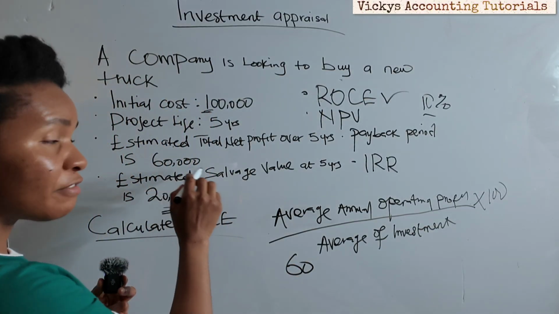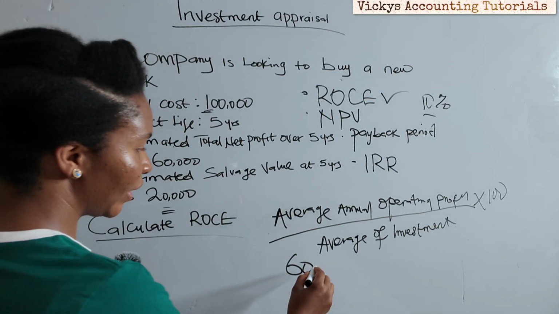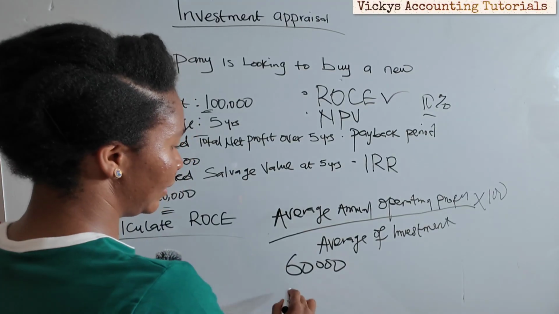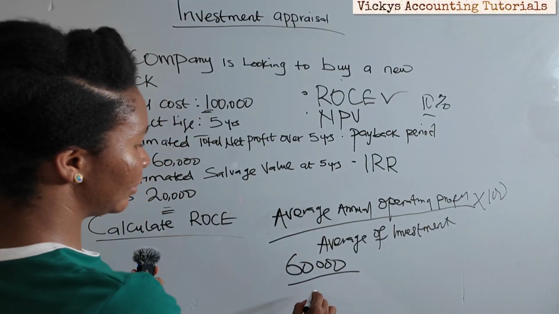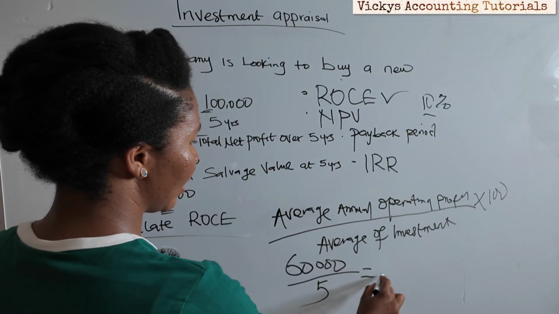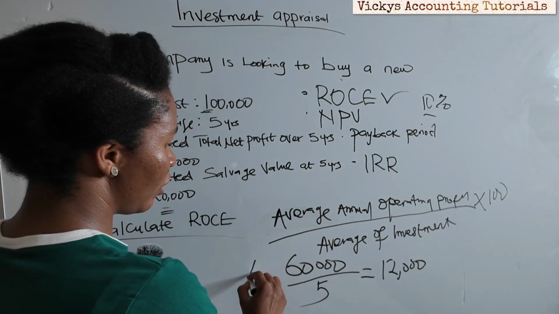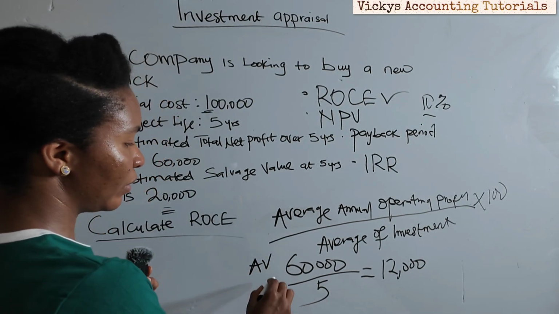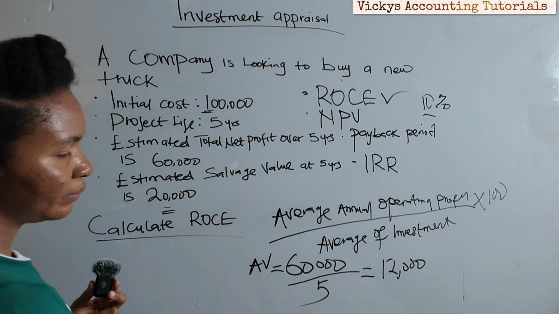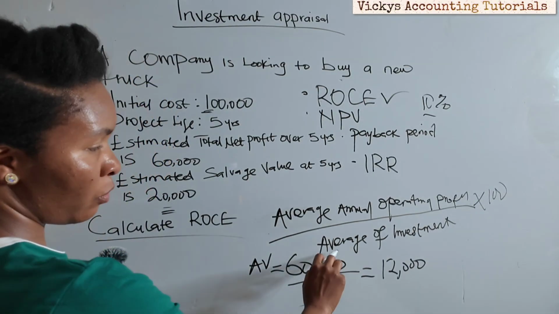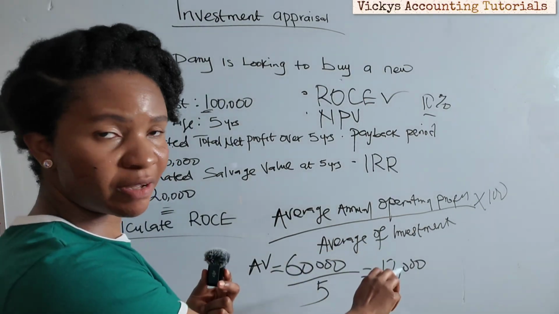We're going to find the average of the 60,000, okay? 60,000 divided by 5 will give us 12,000. This is the average of the operating profit, okay? Right? 12,000, and then we'll find the average of the investment.